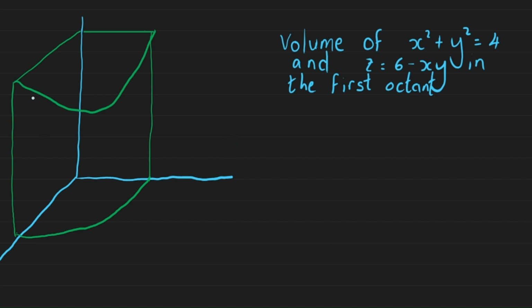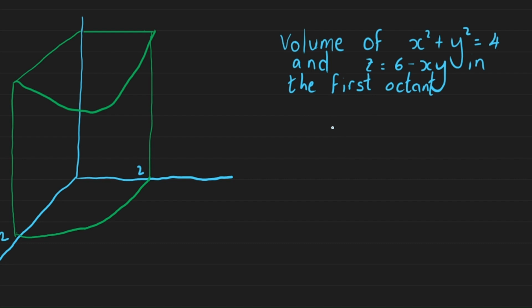So we can see that this is our cylinder. We can see the shape of the cylinder, and we know that the x and y intersections are equal to 2, because that's how we draw our circle: x squared plus y squared is equal to 4, and it intersects everywhere at 2. So we have the shape of our cylinder.